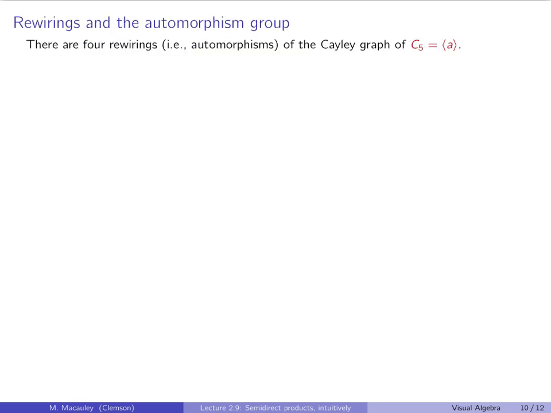I want to finish this lecture with a few more examples of the automorphism group that we just defined. The one that we saw earlier of C4 just had 2 rewirings, so it was kind of boring. If we go up to C5, there are 4 rewirings, or 4 automorphisms of the Cayley graph generated by a single element. And as I mentioned earlier, that's a property of the group, not the Cayley graph.